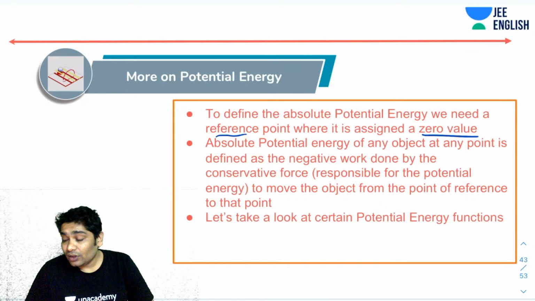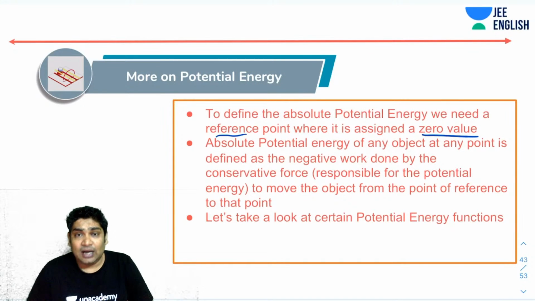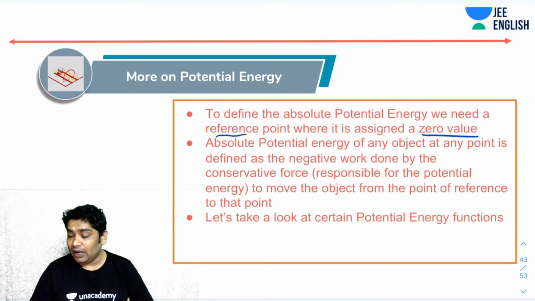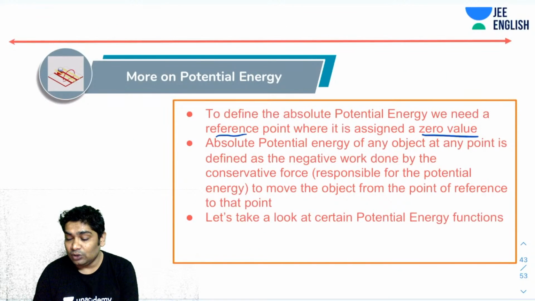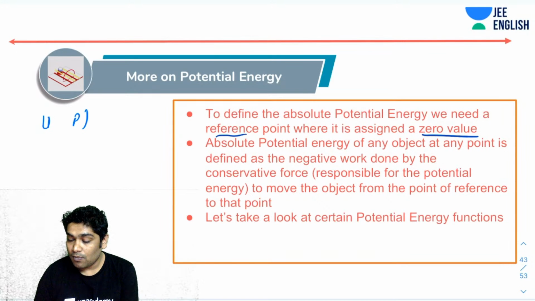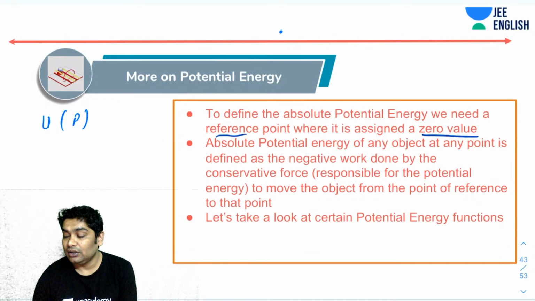And you can assign that a zero value, and the corresponding values will be obtained by saying that you at any point P. I hope you realize that. Imagine that you chose this as a reference point, point O, where U is zero.